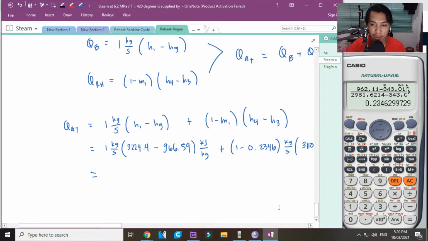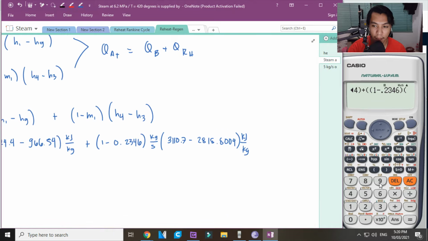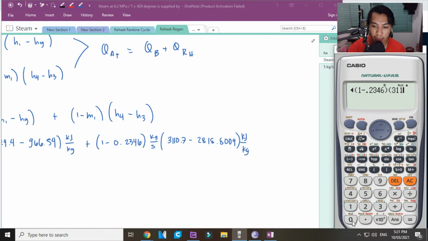O, isang solve na lang to, ha? Isang solve na lang. 3224.4 minus 966.54 plus 1 minus 0.2346. Okay, multiplied to 3110.7 minus 2818.8004.